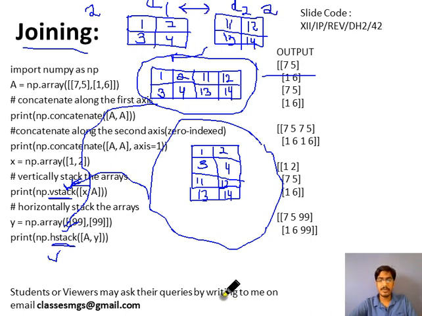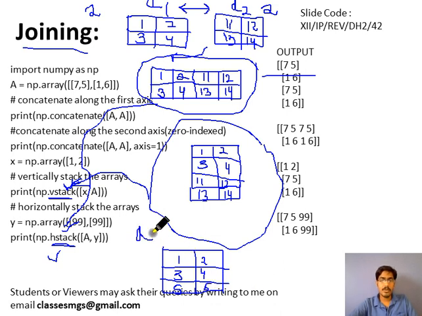If array A1 had this shape, let's suppose 1, 2, 3, 4, 5 and 6, with 3 rows, and the other has 2 rows, then horizontal joining between A1 and A2 is not possible.